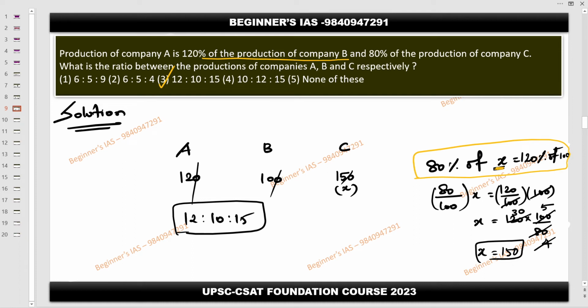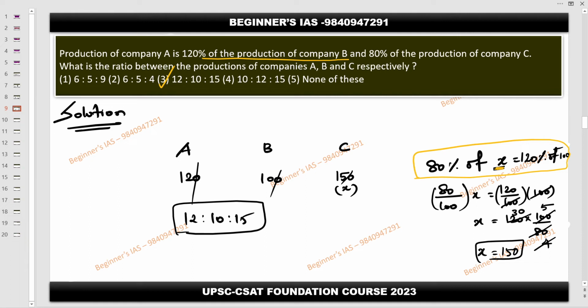So therefore 120% of B. B is nothing but what is the B now? B is taken as 100. Then 80% is nothing but obviously 4 by 5. So directly you can write it for simplification purposes. Okay, 4 by 5, or else 80 by 100 into X. So 120% means 120 by 100 of 100, so therefore 100 gets cancelled.